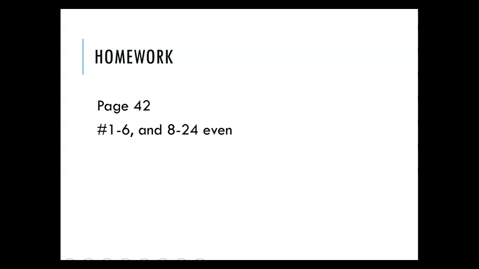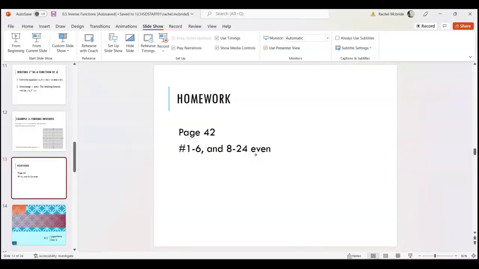I'm confirming that those are right. 1 to 6 are definitely good. I already looked at them and I was like, yeah, I like these. 8 to 24. They're even, so I'm going to change that. And I don't really think we need to worry so much about the beginnings. So we're going to do this. Here's my keyboard.